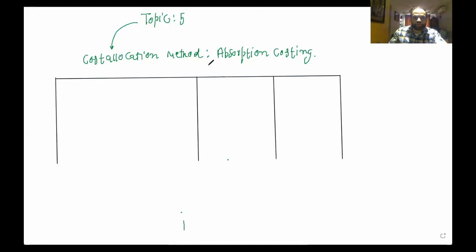This is your January to March, and April to June. Okay. All right. So let's start. So this is your question 3, right? Absorption costing.